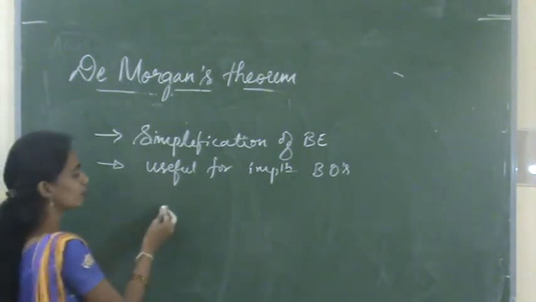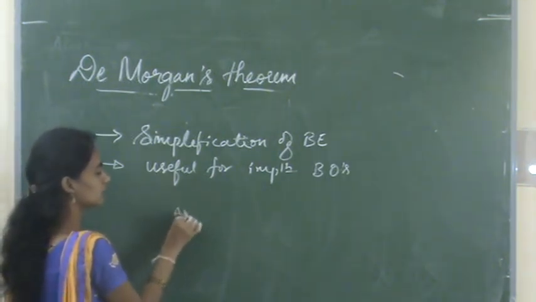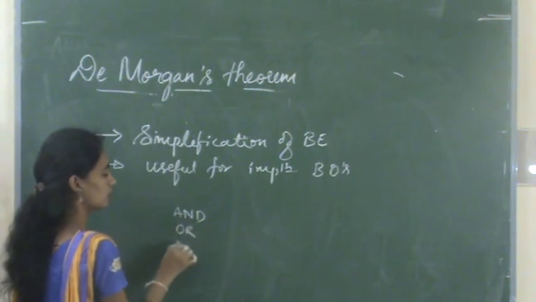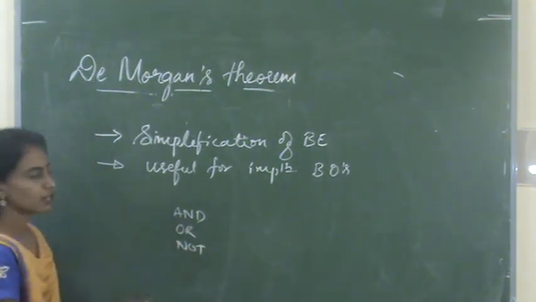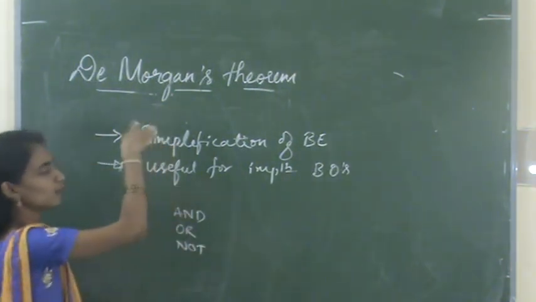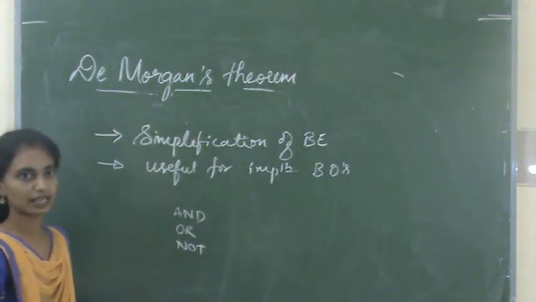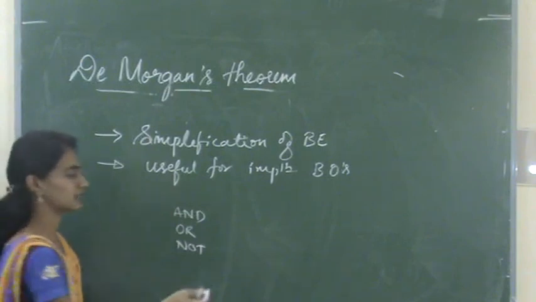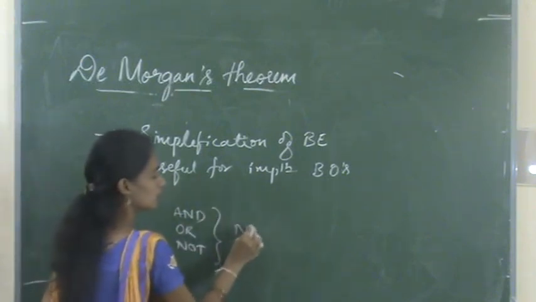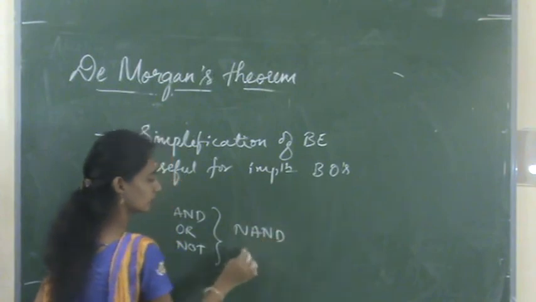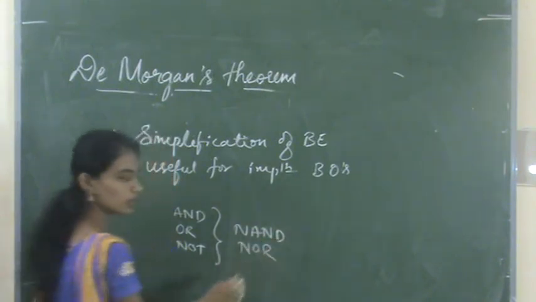Okay, so if we are using basic gates AND, OR, NOT, right? So with the help of this De Morgan's theorem, we will implement these basic gates as alternative gates. That means we have NAND, NOR like this.